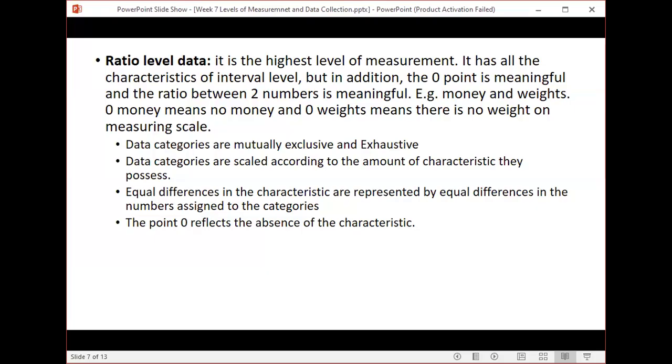Data categories are mutually exclusive and exhaustive. They can be ranked. We can talk about equal difference, representing equal difference in the numbers assigned. And the 0.0 reflects the absence of the characteristic. That is what makes it the highest level of measurement. So every data you have will be any of these, right? Whether it's nominal, ordinal, interval, or ratio. And so those are the levels of measurement that we have.